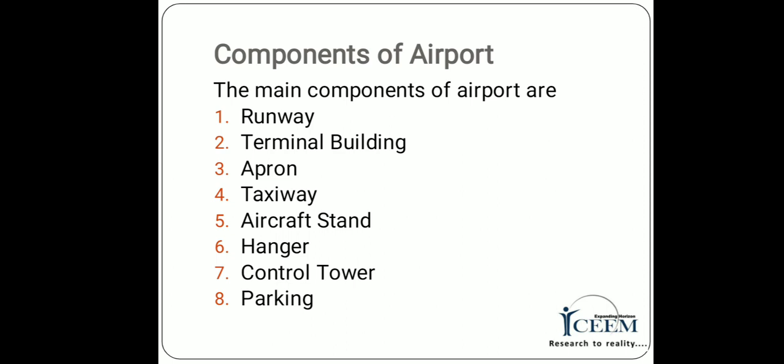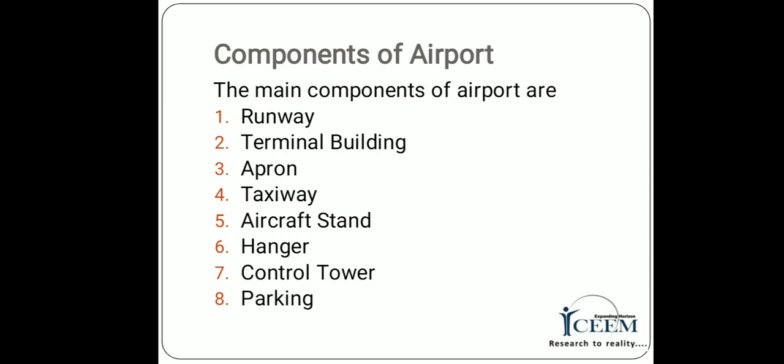Next is terminal buildings, also known as airport terminals. These buildings are the spaces where passengers board or alight from flights. These buildings house all the necessary facilities for passengers to check in their luggage, clear the customs, and wait before takeoff.